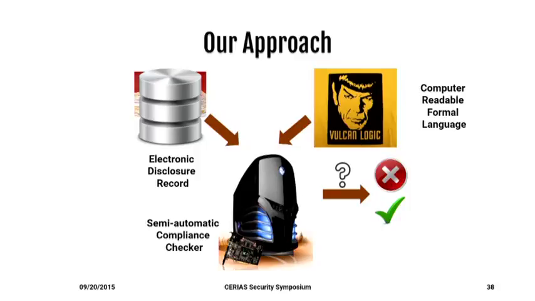Some regulations, like HIPAA, say you can share some information when the doctor believes it's the right thing to do. How do you model somebody's belief in a computer system? There is no systematic way to model beliefs. So we spit those out and say, I don't know how to evaluate it; somebody else can, possibly a human auditor. That's why it's semi-automatic.